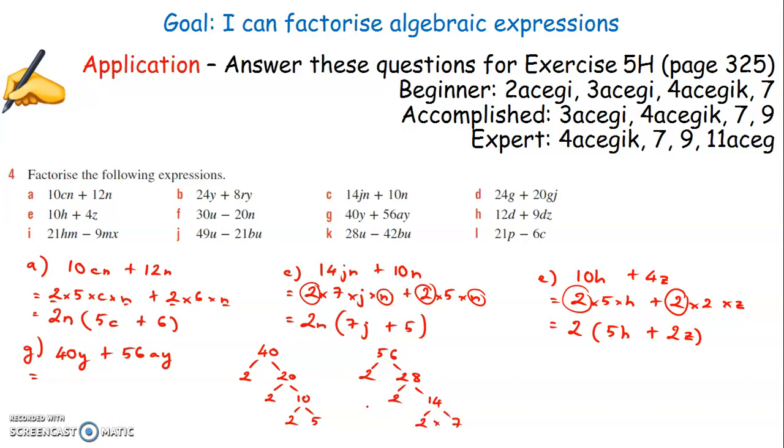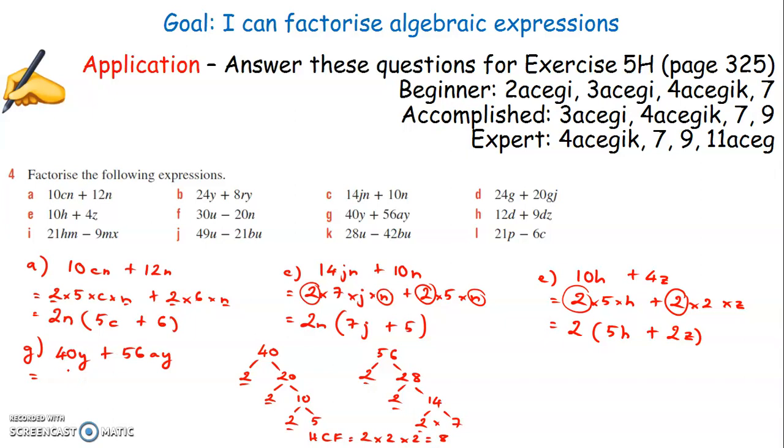Okay, so what do we have that are the same for this one? We can see that there's 3 number 2's that are the same. Okay, so the highest common factor here is 2 times 2 times 2, which is 8.